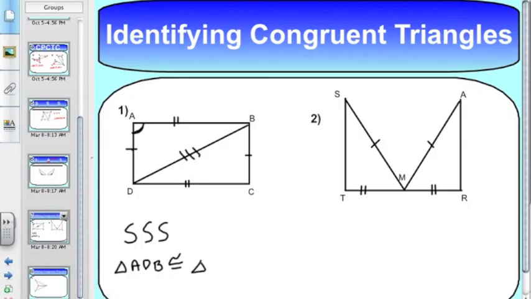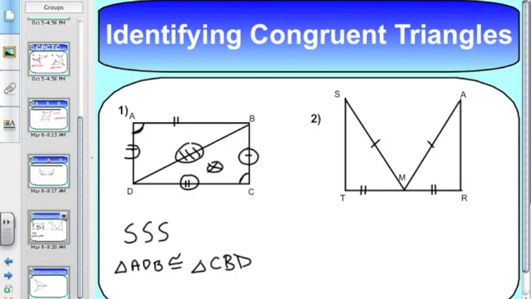Well, notice that angle A is between the single and the double tick. So what other angle in this triangle is between the single and the double? Well, that would be angle C, so that's C. Okay, now we went down to D. D is between the single and the triple. So what's between the single and the triple in this triangle? Okay, well, that's B. And then we have D.